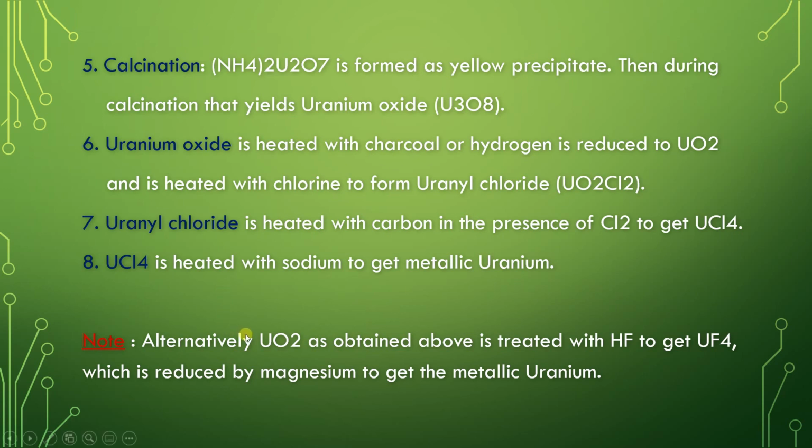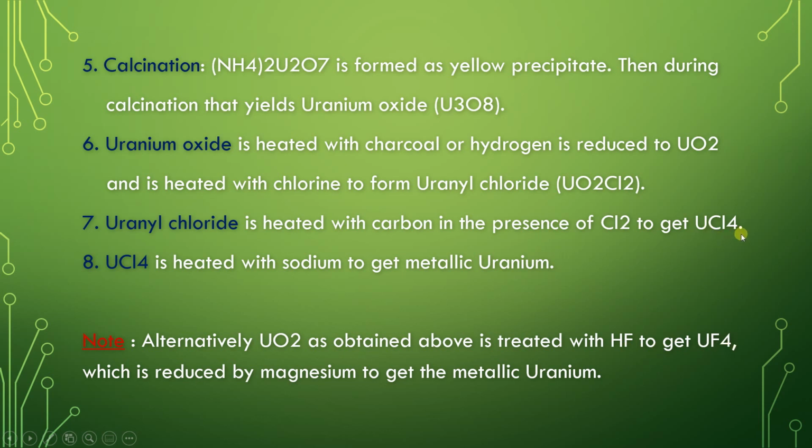Here is another alternate way to get metallic uranium. Alternatively, uranium dioxide is obtained. The obtained uranium dioxide is treated with hydrogen fluoride instead of chlorine to get uranium tetrafluoride.